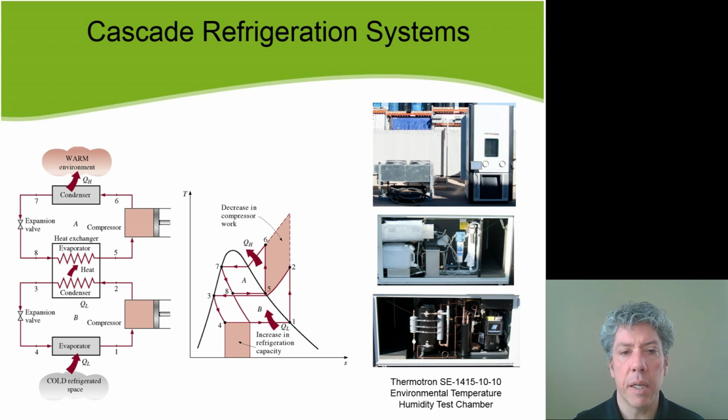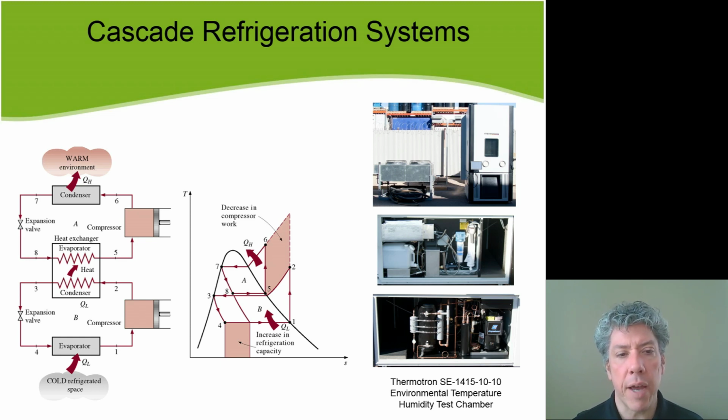And so if you instead cascade the system, how would you do that? Well, look over at the left-hand side, and you'll see two different compressor units. You see a heat exchanger in between two separate independent refrigerant loops.